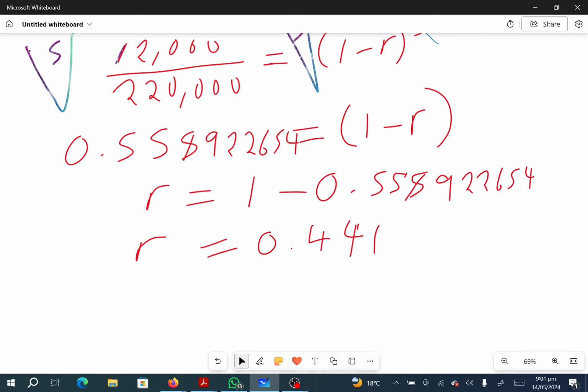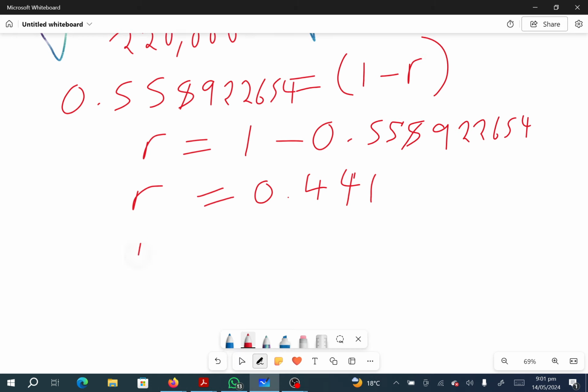Now since R is the rate in percentage, we say 0.441 times 100.